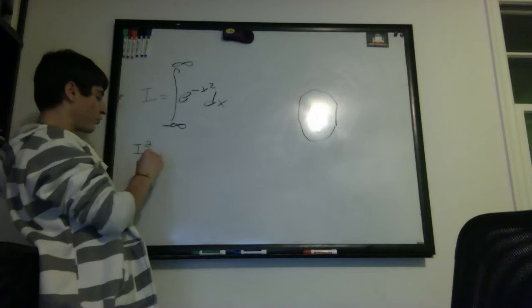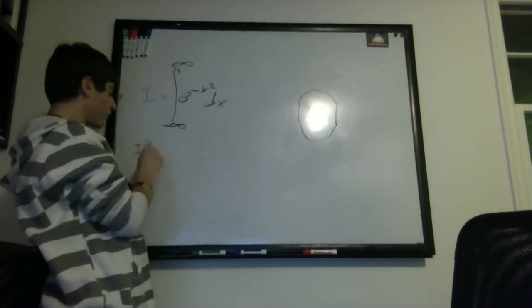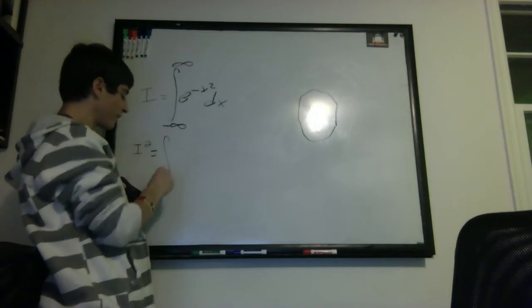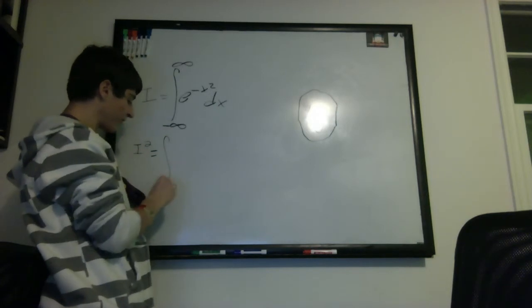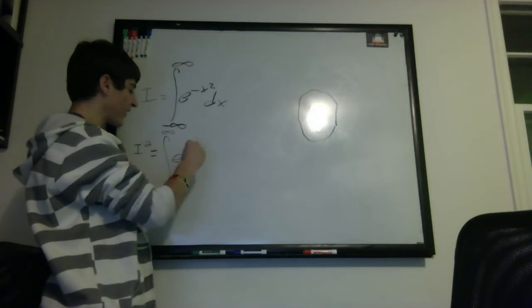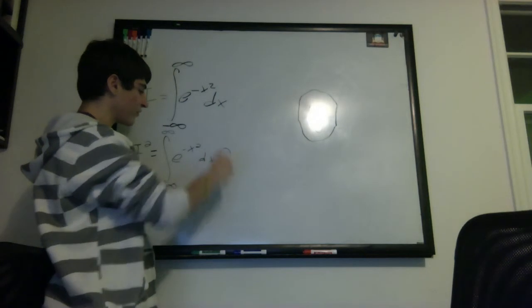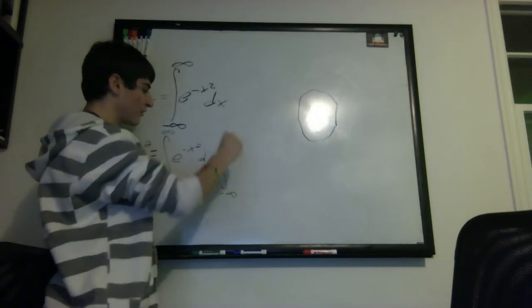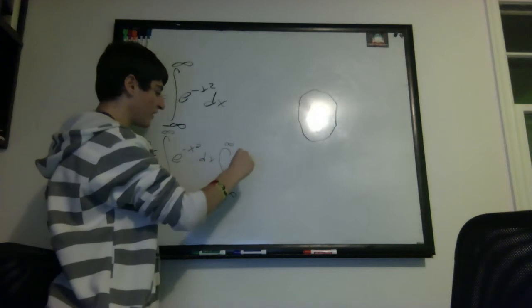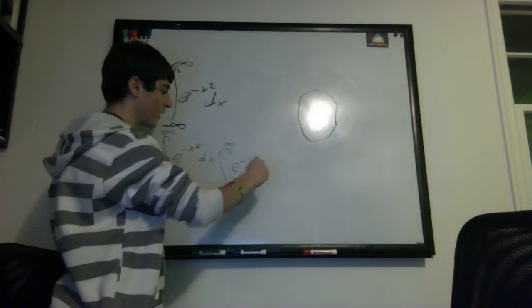I squared is equal to the integral from minus infinity to infinity of e to the minus x squared dx times the integral from minus infinity to infinity of e to the minus y squared dy.